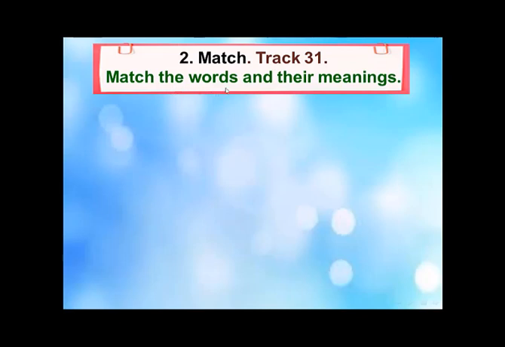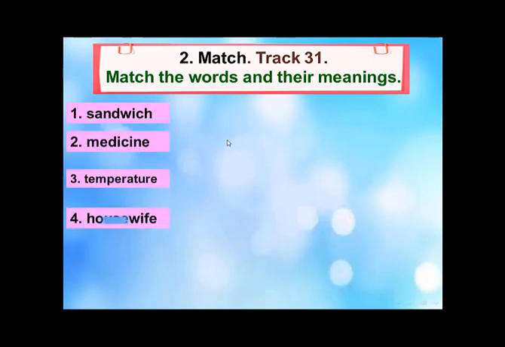Yes, next exercise now, exercise 2. Match the words and their meanings. Yes, number 1, sandwich. Number 2, medicine. Number 3, temperature. Number 4, housewife. Number 5, surgery. Number 6, carpenter. Let's start.